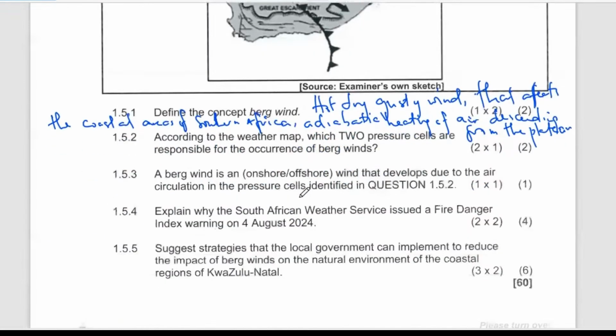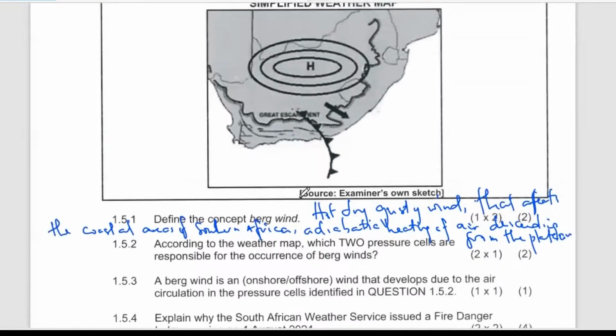Right. According to the weather map, which two pressure cells are responsible for the occurrence of the Berg winds? The Berg winds occur as a result of the Kalahari high pressure cell, and they also occur because of the presence of the coastal low pressure cell. These two cells facilitate the development of the Berg winds.